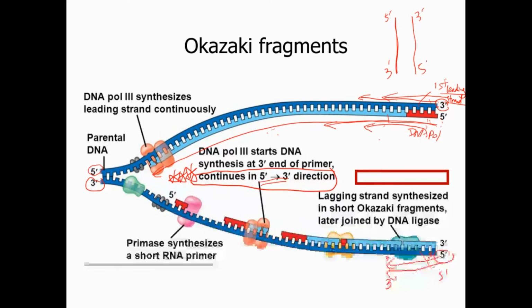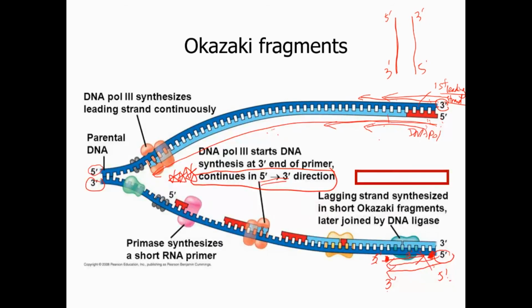Because these two strands are not going to be anti-parallel anymore. So these two strands have to be anti-parallel. So if your template strand goes from 5 to 3, your new DNA strand has to be synthesized from the other direction, right? 5 here and then 3 here.